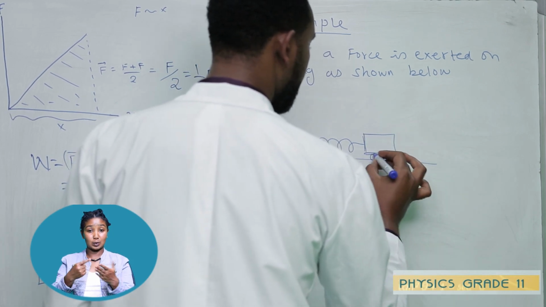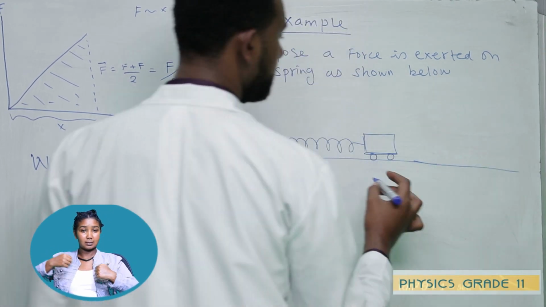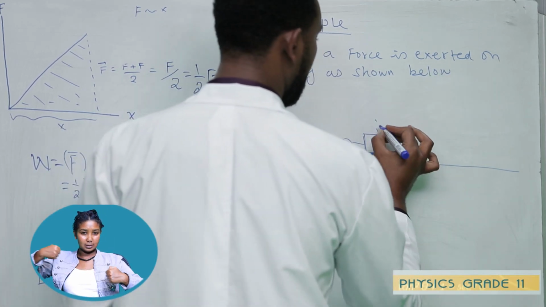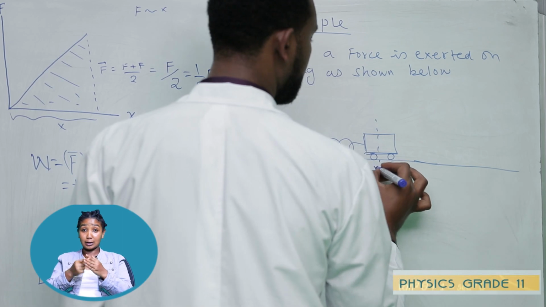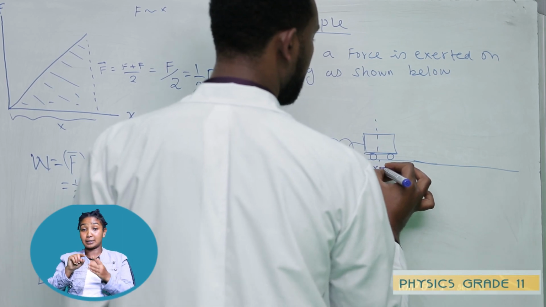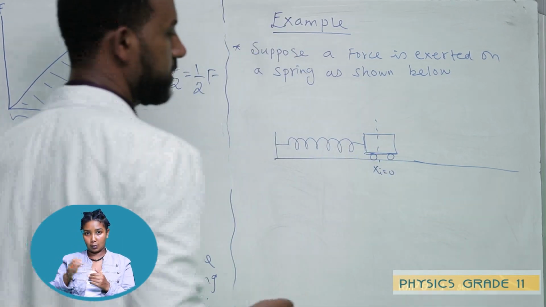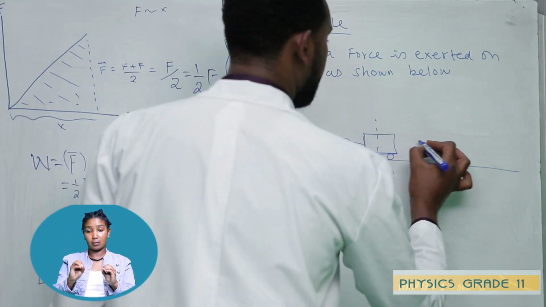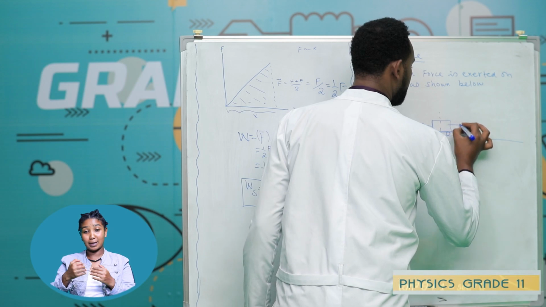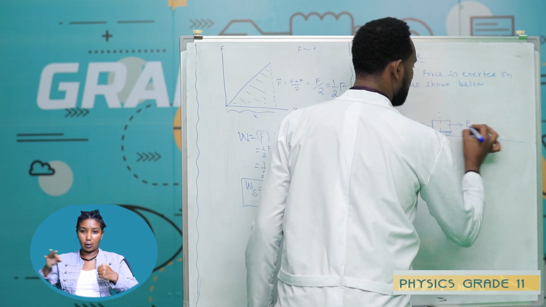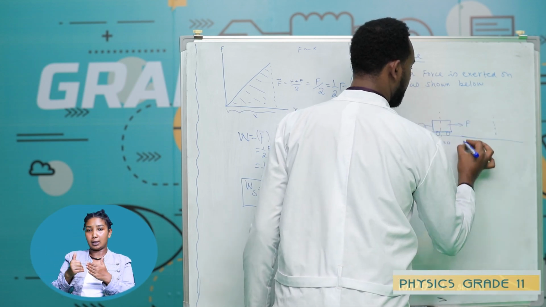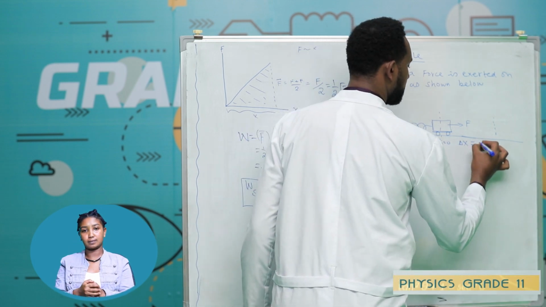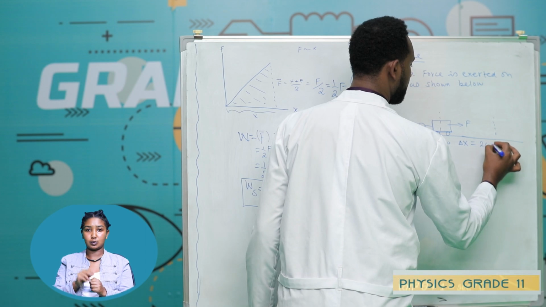So this spring displaces from the initial location, let it be x initial is 0, usually known as the equilibrium position. Now it is elongated till here. Let's take the elongation, change in x, to be 2 centimeter.